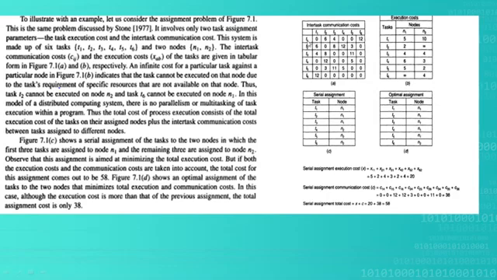If T1 wants to communicate with T2, the cost is 6. T2 to T1 is 6, T2 to T2 is 0. Like that, we take the communication costs. Here there are 6 tasks, T1, T2, T3, T4, T5 and T6. One process is divided into 6 tasks.